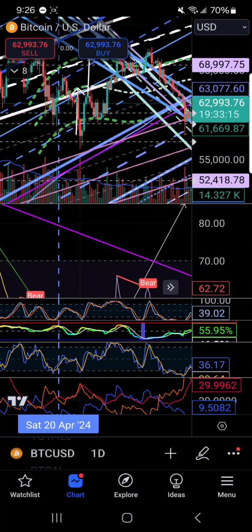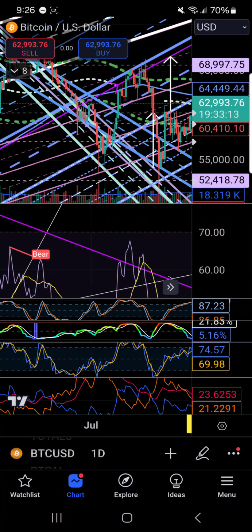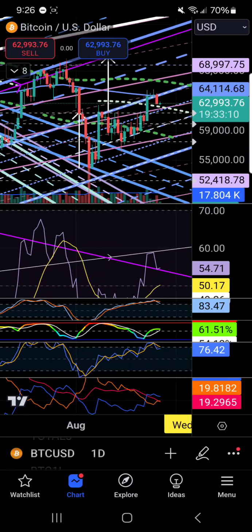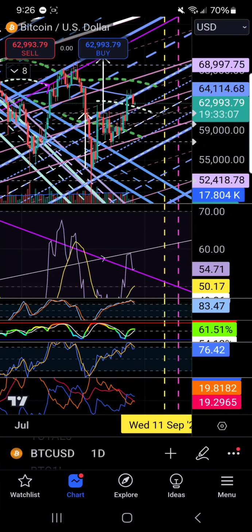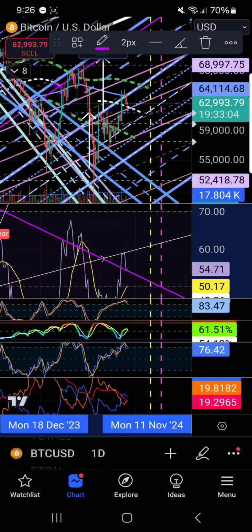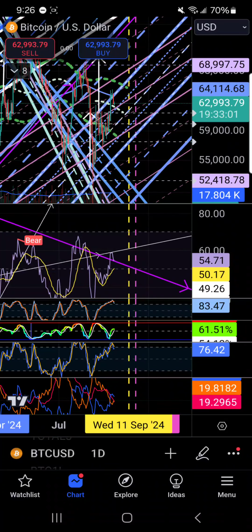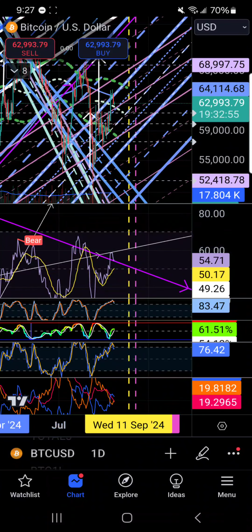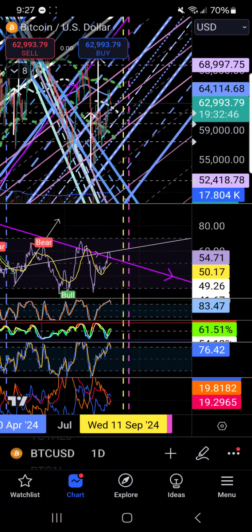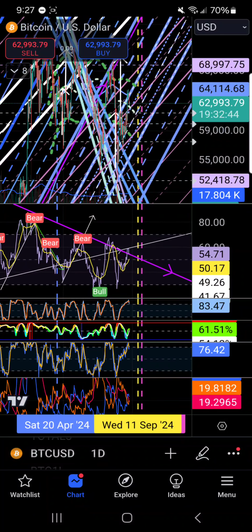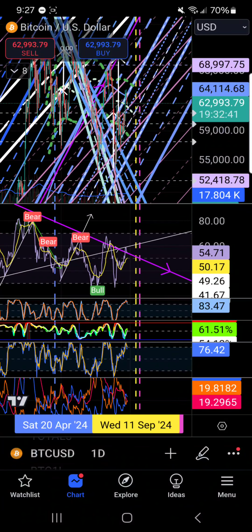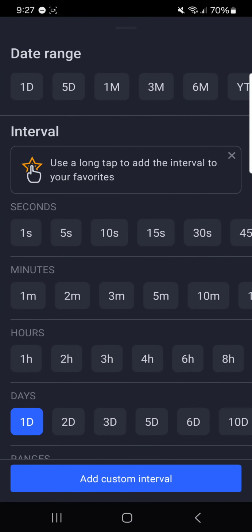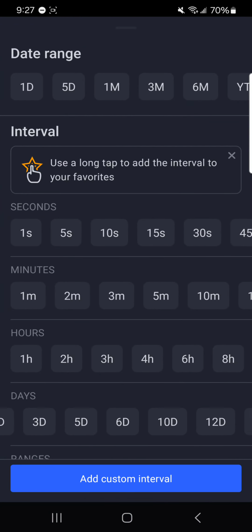That seems a bit odd to me. Let's see where I did draw it. I don't know what that is. It's not quite hitting those other lines. Couldn't have been on a weekly, was it? Doesn't make sense.